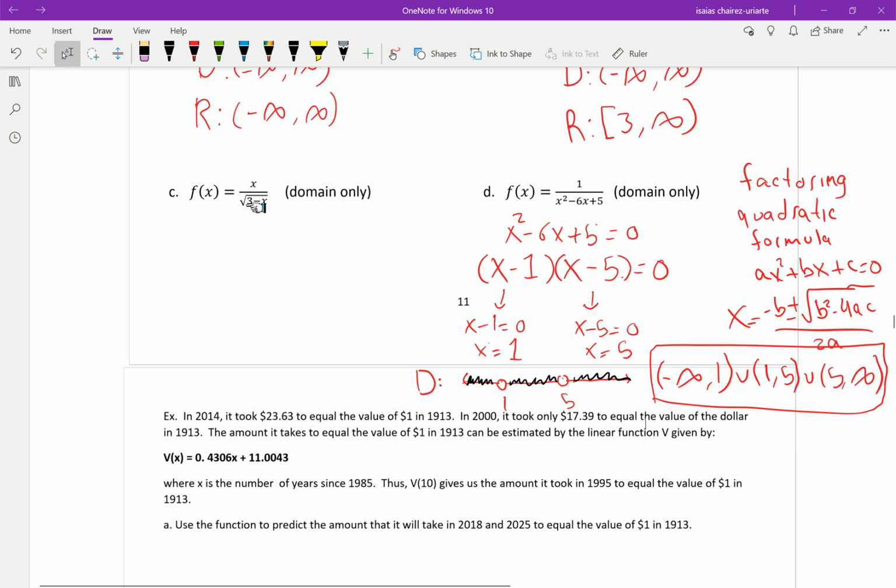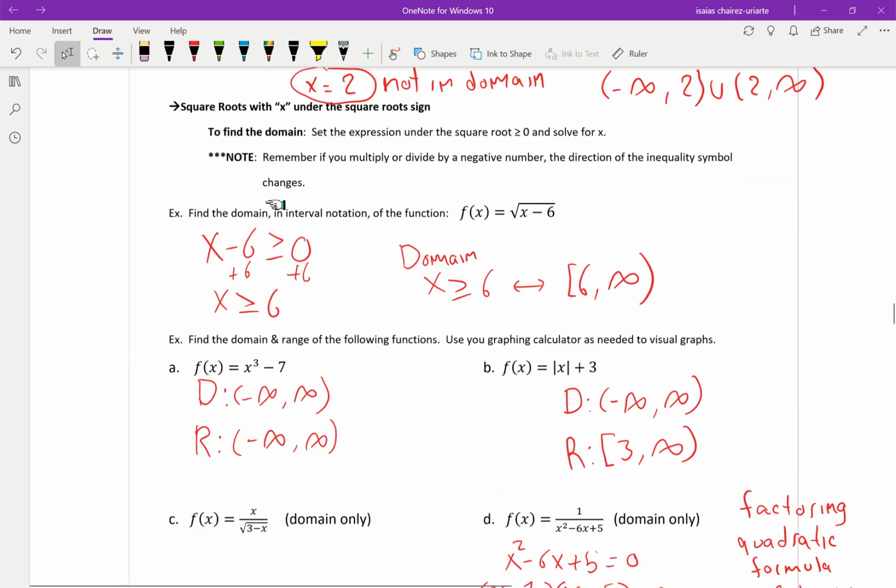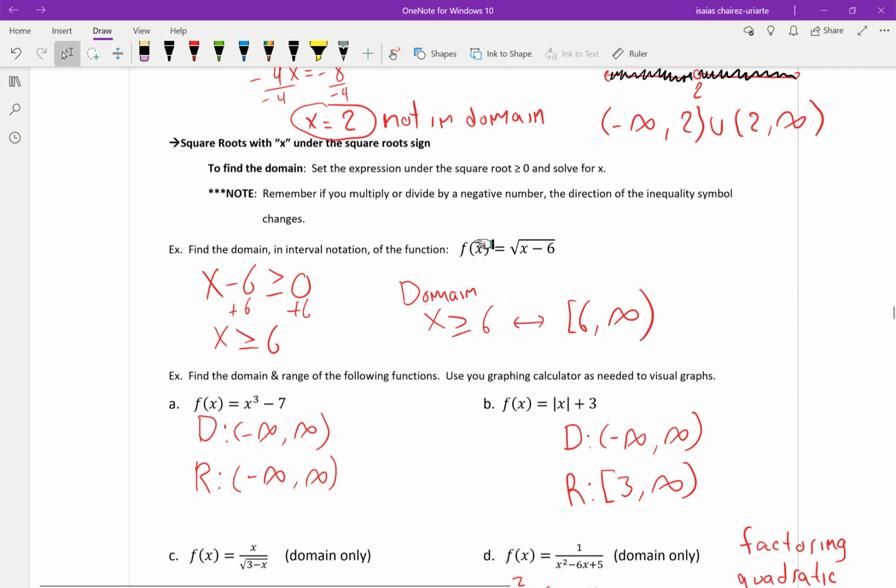So let's see. What we want to avoid here is, we have kind of a double whammy right now. We have a rational function, there's x's in my denominator, and there's also a square root in the denominator. Earlier, in the example up here, we set the inside part of the square root to bigger than or equal to 0.